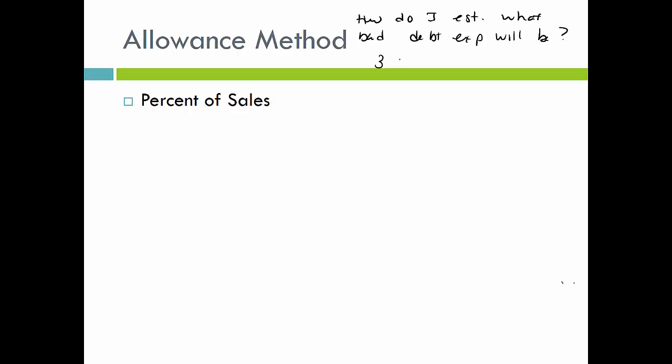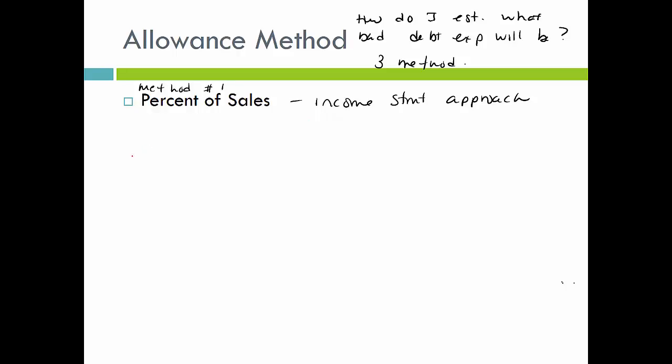I've got three methods. So method number one is percent of sales, and this is the simplest one. This is also referred to as the income statement approach. I'm using percent of sales, and sales shows up on the income statement with revenue.